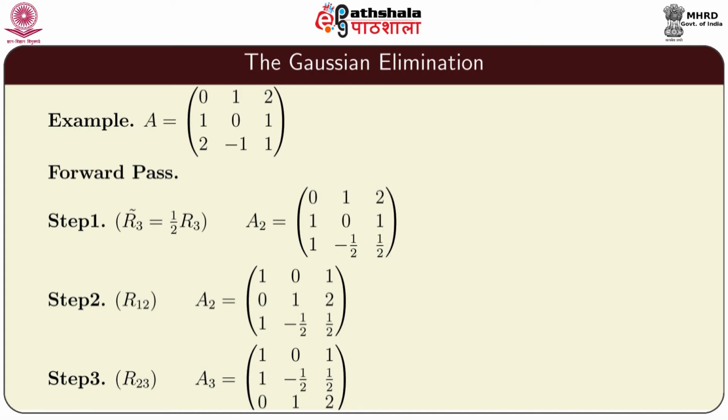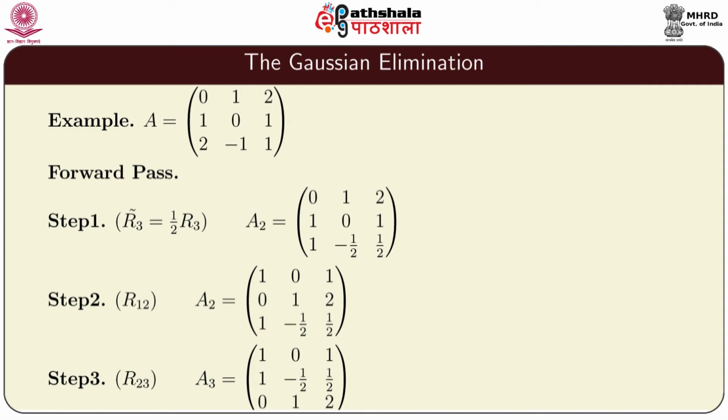At the end of step 3, we are at the end of the forward pass, because this was precisely the form that we were looking for: the first non-zero entry of each non-zero row should be 1, and their position should be such that the 1 is strictly on the right hand side as you move along the rows downward.